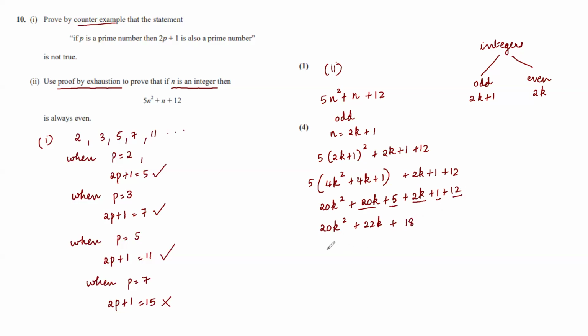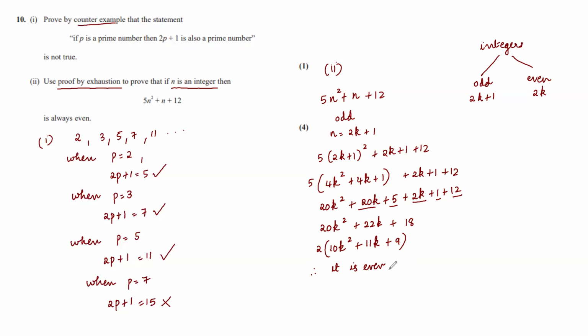So this can be written as 2 into 10k square plus 11k plus 9. So we know that anything multiplied by 2 is even. Therefore, it is even.